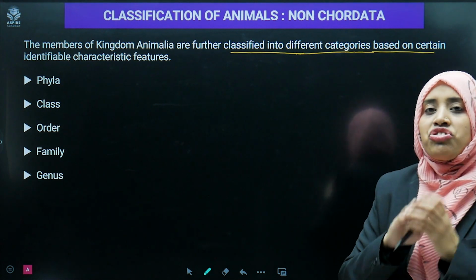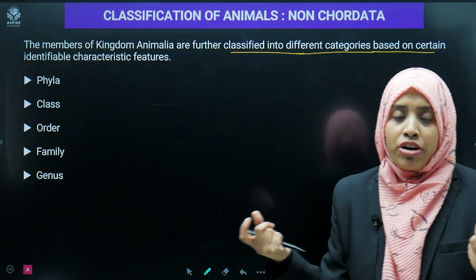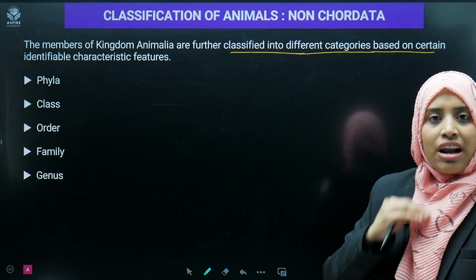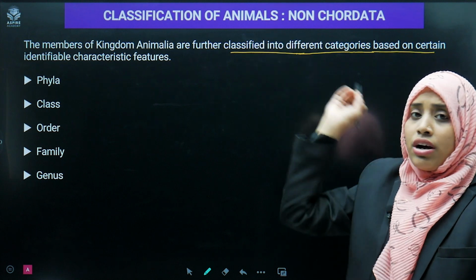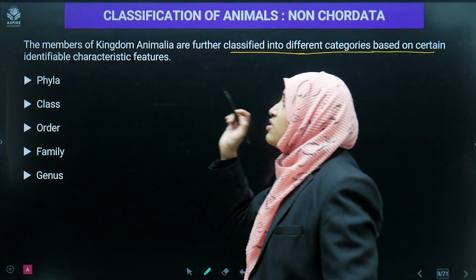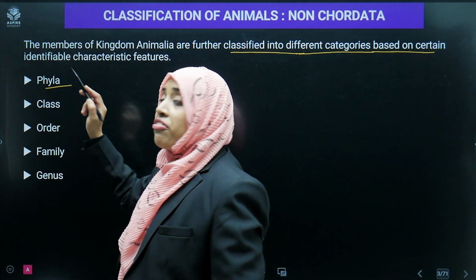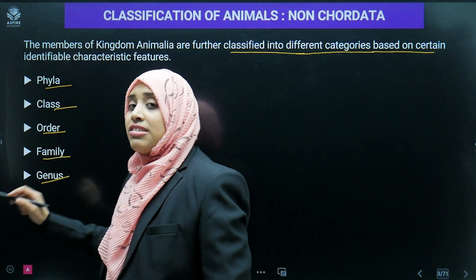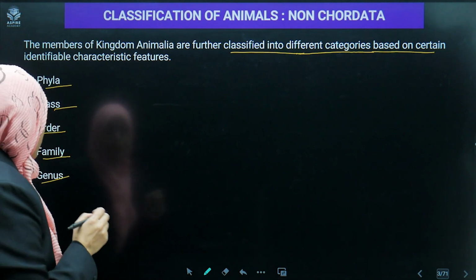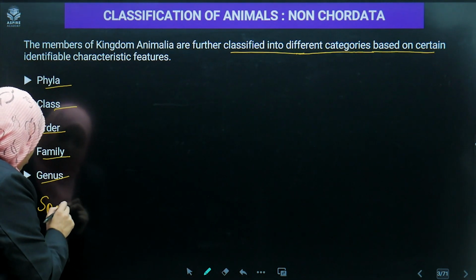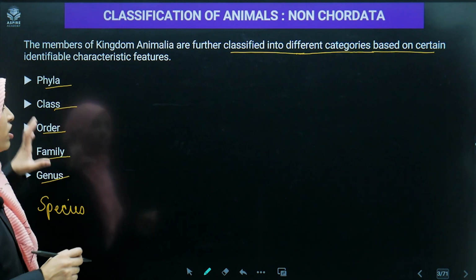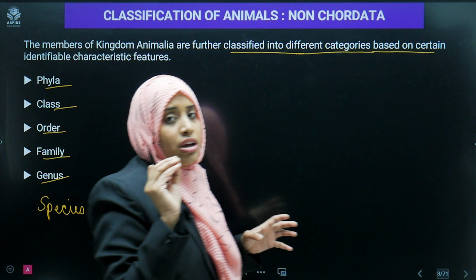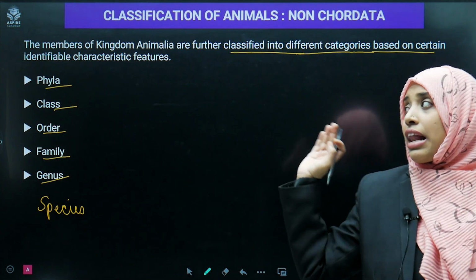The characteristics which resemble in 2 different organisms, or the similarity, उस basis पे भी हम लोग classify कर सकते हैं, and the different categories are phylum, class, order, family, genus, and the last one is species. These are the different categories on which animals from the animal kingdom can be classified.